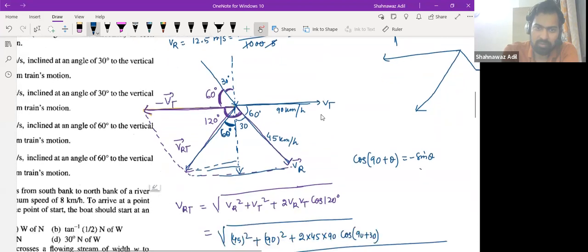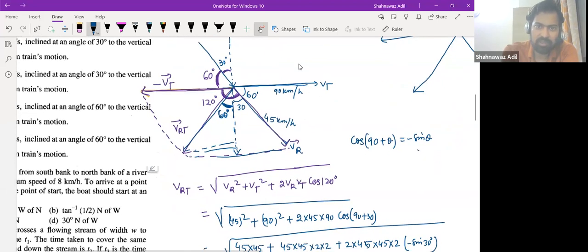Yes, sir. Can you scroll down? This diagram is important, right? So remember only these are the vectors R, T, and this one. Then we have to write the resultant of that. Yes, sir.